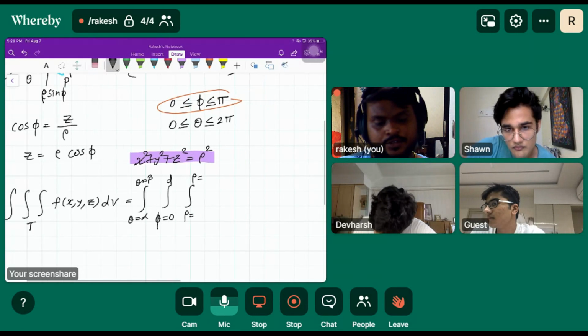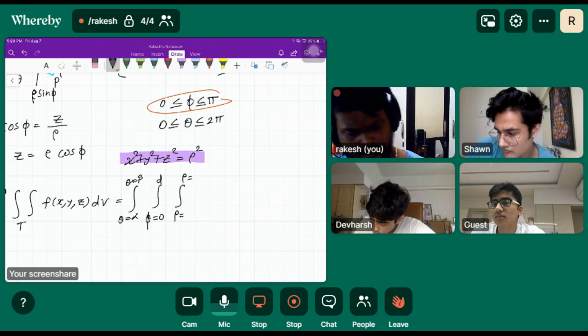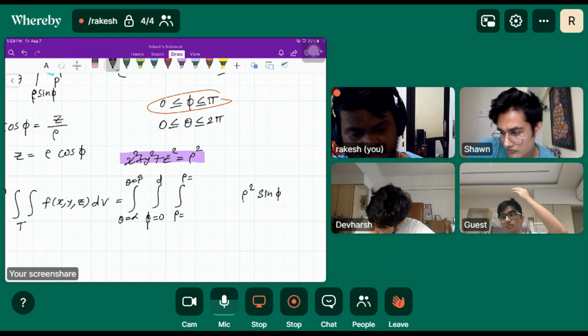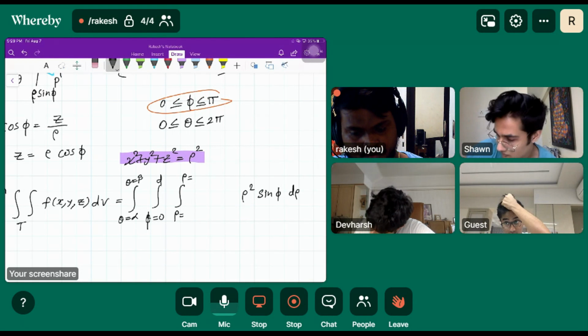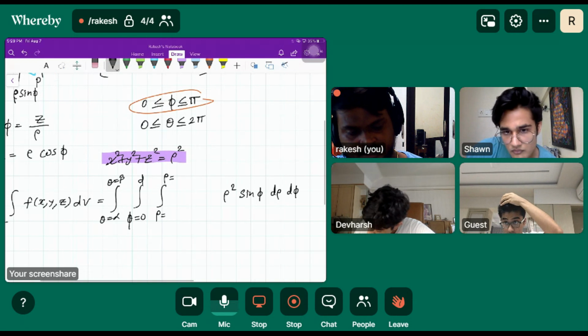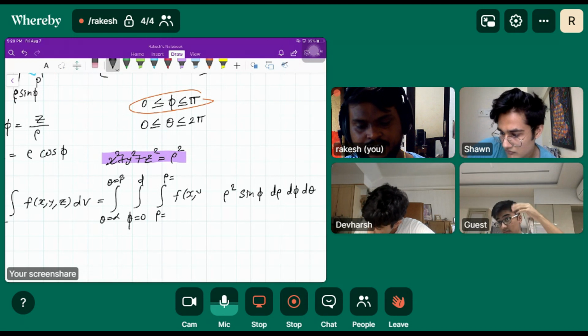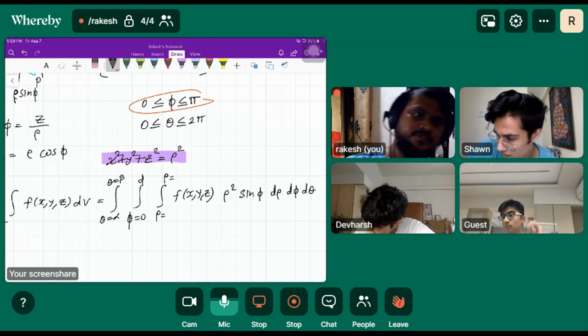It depends on the question. So basically, the order we have to follow here is rho square sine phi d rho d phi d theta. And the function may be a mass density function.